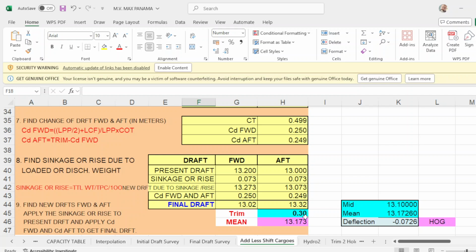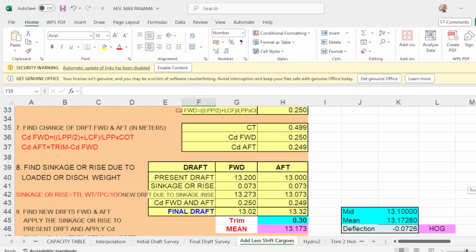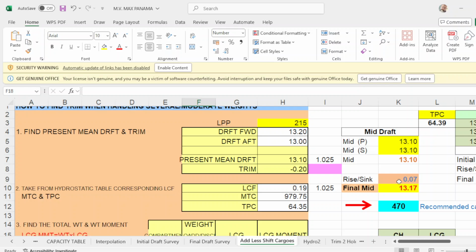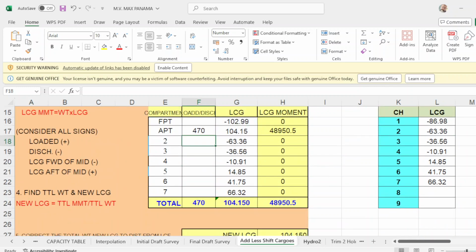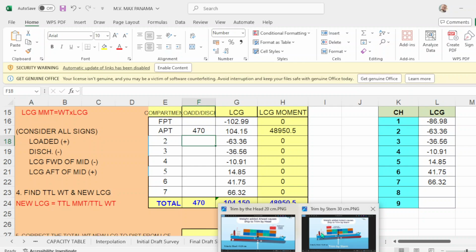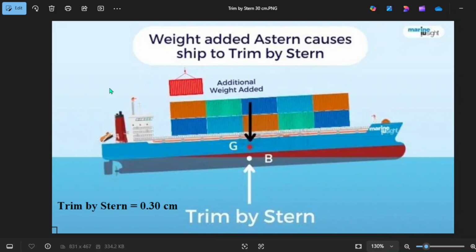Your trim will be 30 centimeters and your main drop is 13.17, which is the same here. That's why when you put ballast in your after peak of 470 metric tons, then you are trimmed by the stern of 30 centimeters.